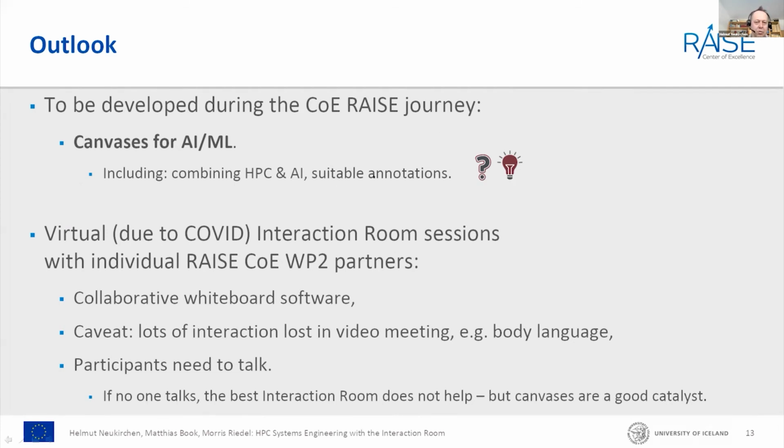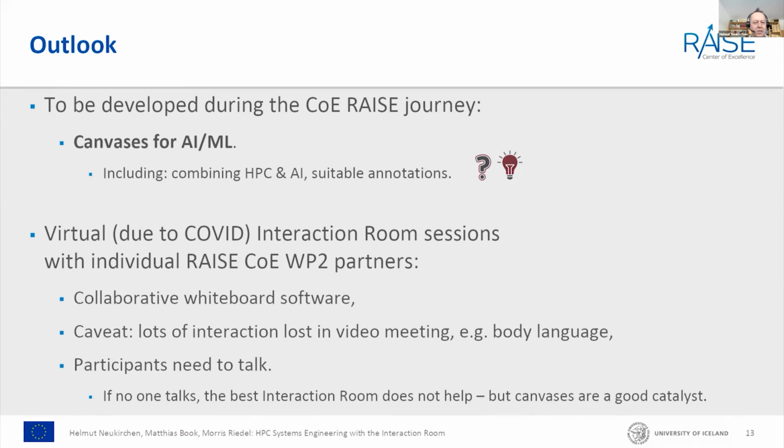Also having to think about suitable annotations like the question mark. That is something that applies probably to all, whether it's enterprise business applications or HPC or AI applications, to point to things where people have not a perfect understanding. But the other annotations that Matthias did show, they maybe do not fit that well for the HPC AI domain. We have to think about what are suitable annotations there.